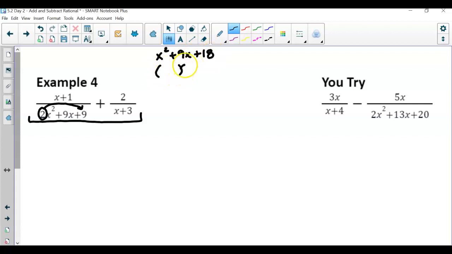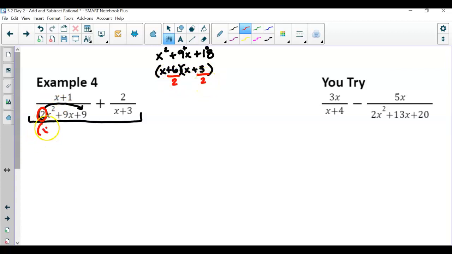Now, what numbers multiply to get 18 and add to get 9? 6 and 3. But here, remember, this is not our factored form because a was 2. Whatever we multiply by, that a is 2, now divide by 2.